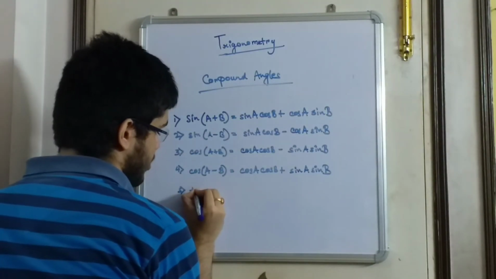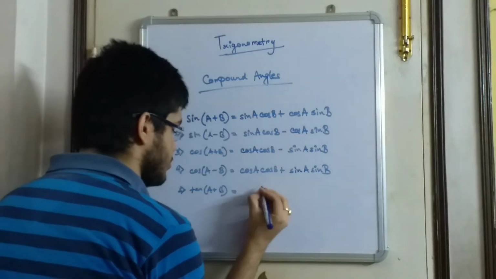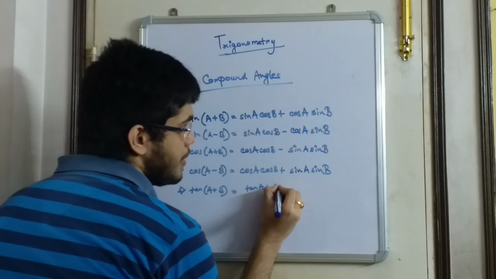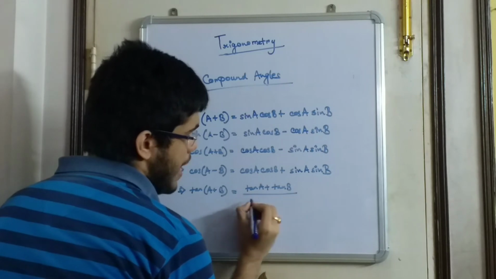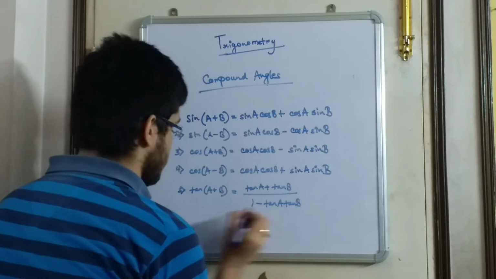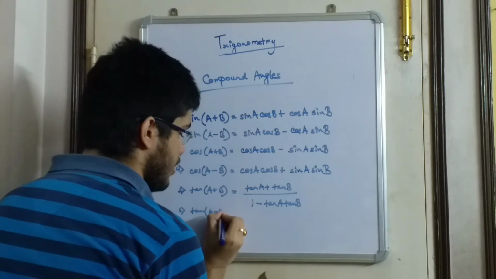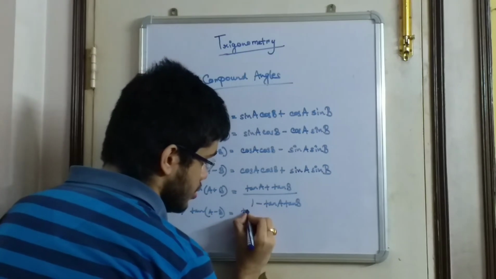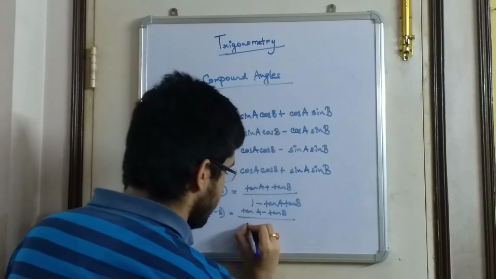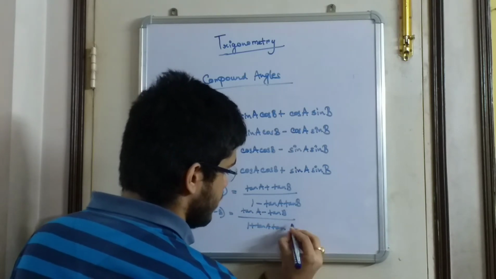Now for tan, tan of a plus b is equal to tan a plus tan b by 1 minus tan a tan b, and tan of a minus b is equal to tan a minus tan b by 1 plus tan a tan b.